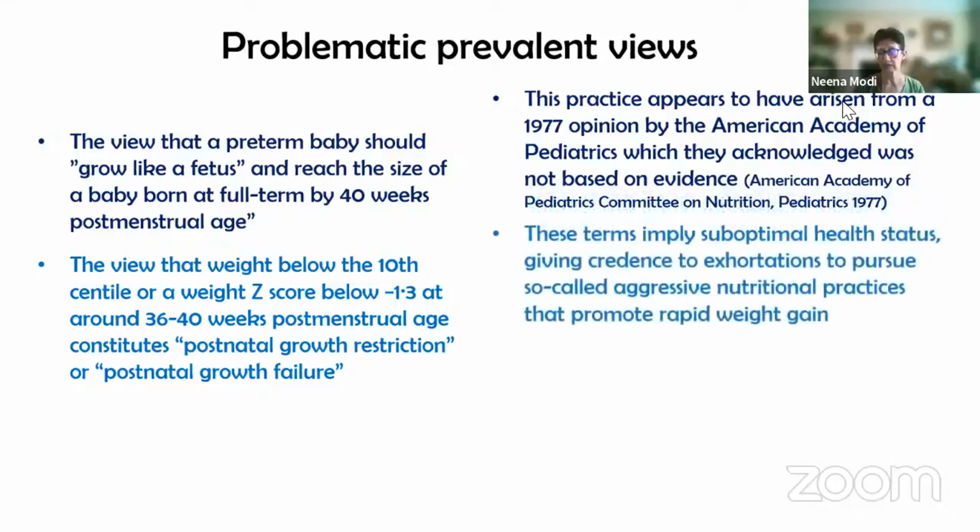Now, I challenge this view because these terms imply suboptimal health status at term, and they give credence to exhortations to pursue so-called aggressive nutritional practices. I hate the phrase aggressive nutrition. I find it extremely unhelpful. I don't think we should be aggressive about anything. And these so-called aggressive nutritional practices promote rapid weight gain. And I'll come back to the problem about rapid weight gain in a moment.